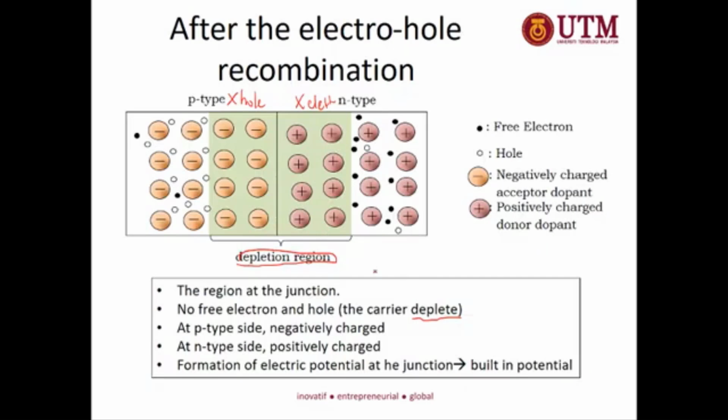When we have this localized negative charge and this positive charge, there will be an electric field and an electric potential. It will form something like a battery, so there will be an electric field and electric potential at the junction.